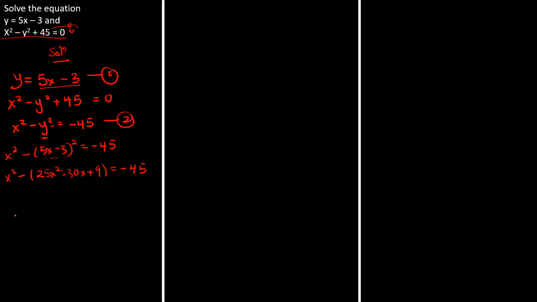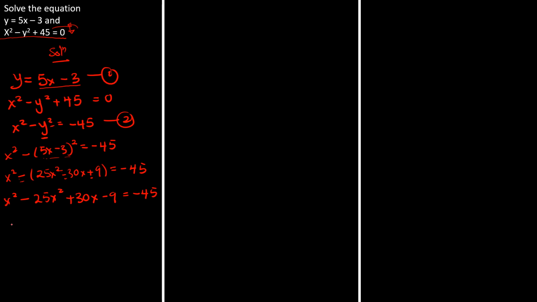Expanding, there will be negative 25x squared, then the negative in front of the 30x makes it positive 30x, and then positive 9 meeting negative will be minus 9, is equal to negative 45.